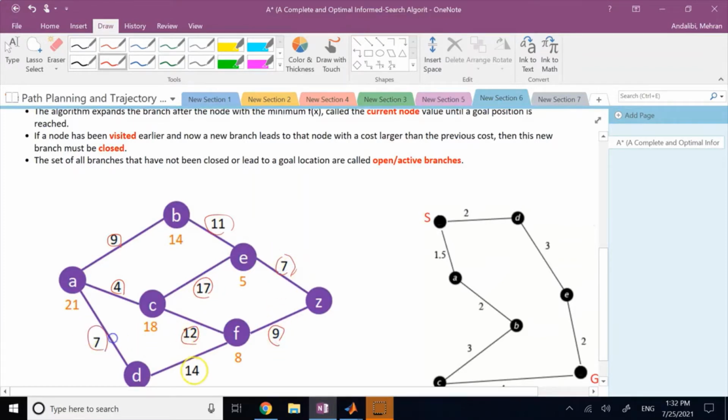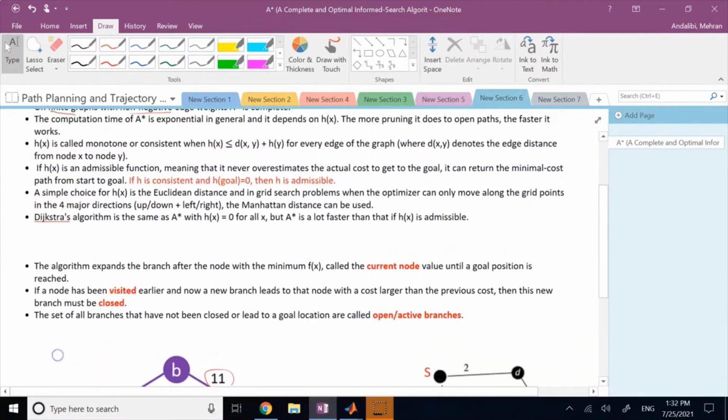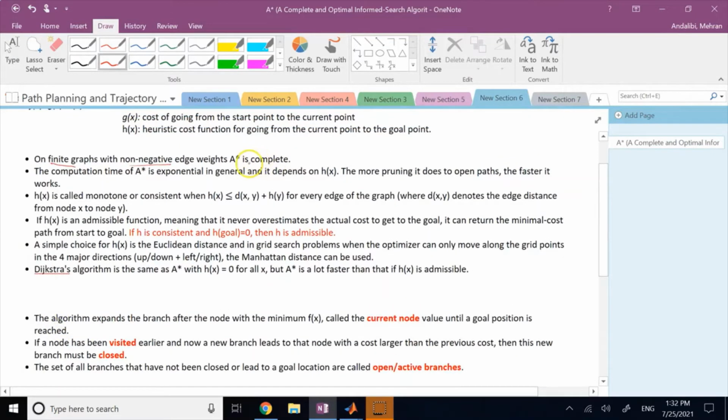Depending on your application. Then these should all be positive and there should be a finite number of them, okay? If those conditions are there, then this method is complete, which for most of the applications, of course, these two are the case, unless we really want to apply a negative weight to the edge, which means the cost drops when you travel, which is kind of counterintuitive.